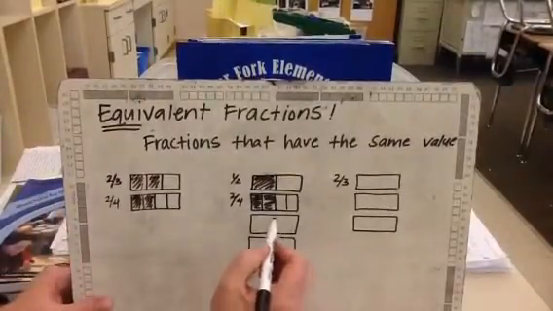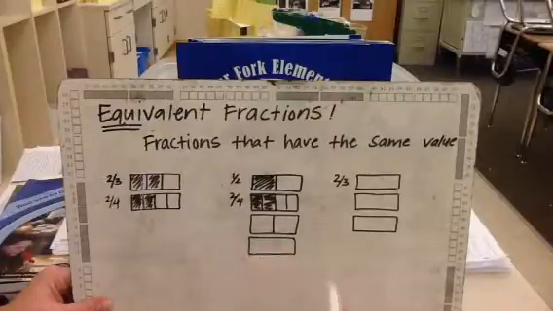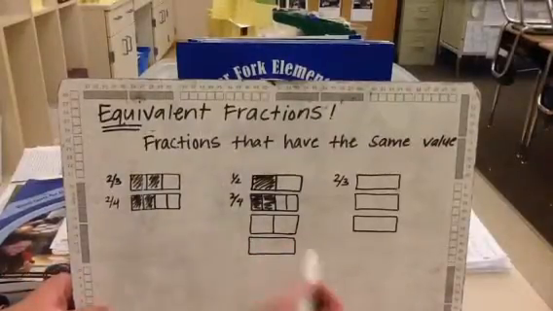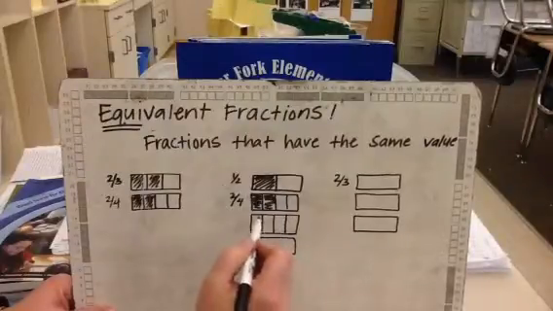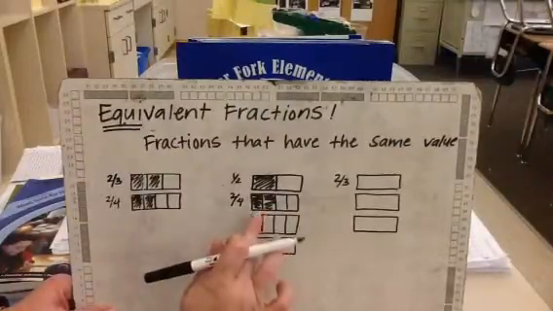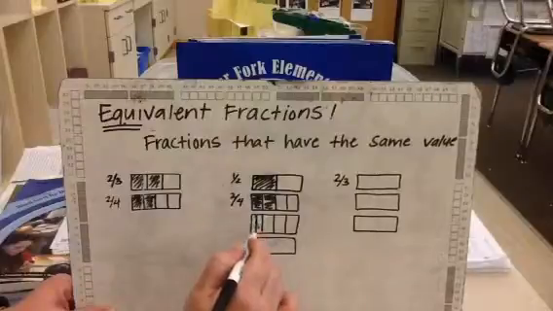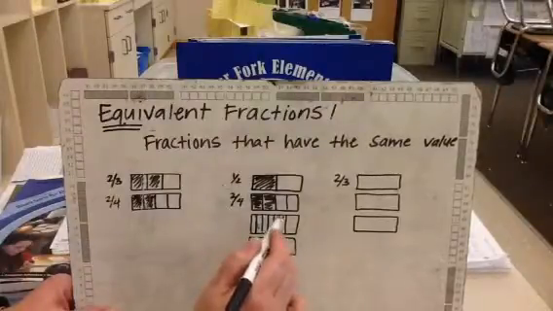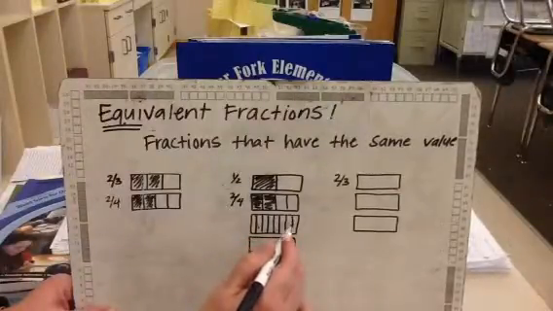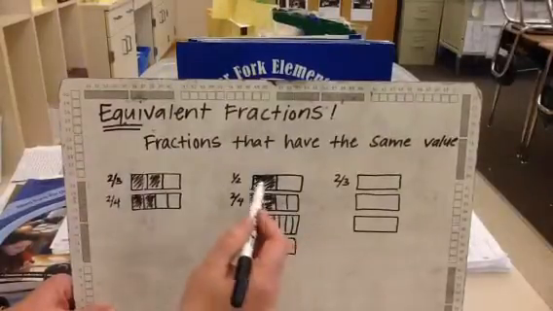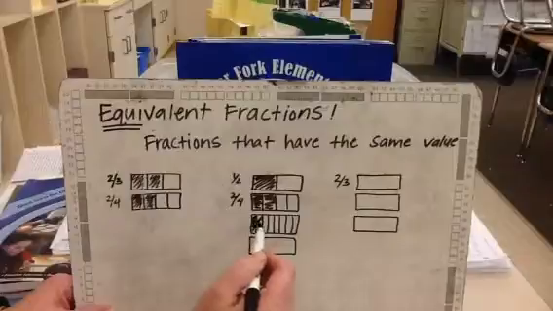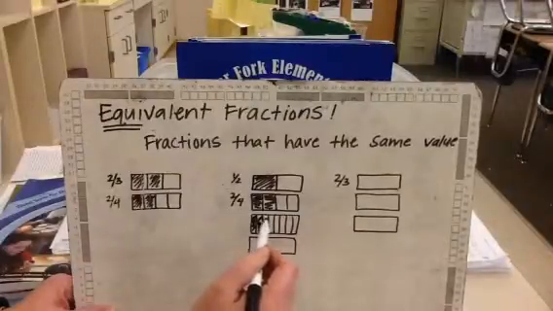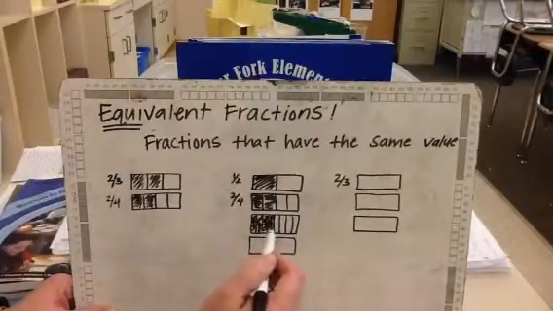Let me do another example here. Another fractional unit that works well with halves is eighths. So I'm going to make this into fourths. Oops, not good. And then make this into eighths. There we go. And then I want it to be that same amount, so I'm going to shade in where it's the same amount.